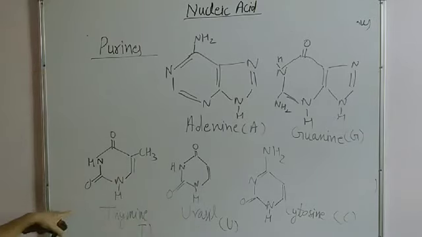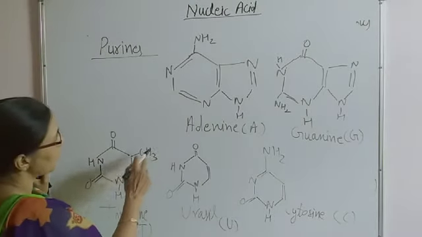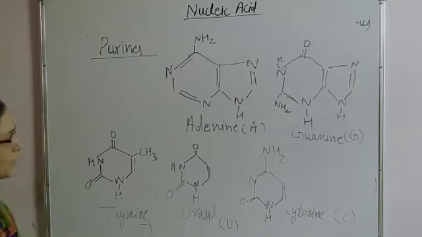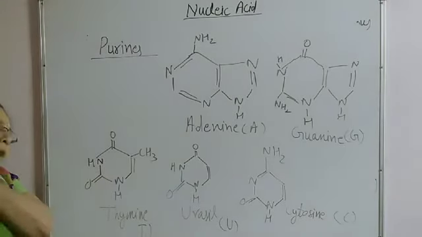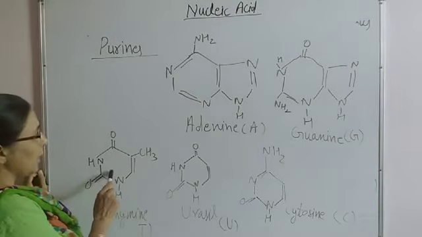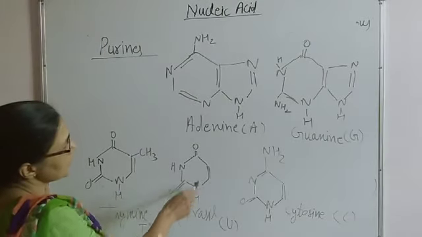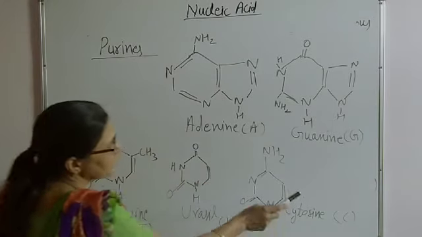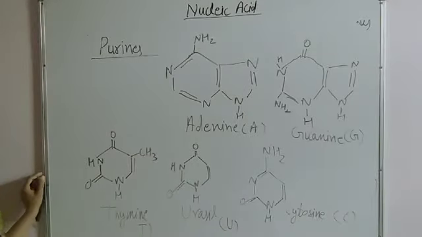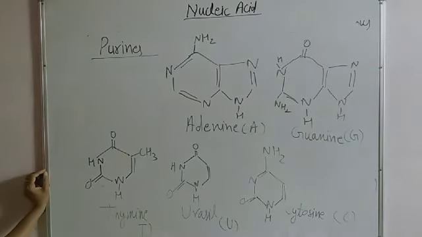Among the pyrimidine bases, number one is thymine. If this methyl group is not present, it becomes uracil. This thymine base is present in DNA, and instead of thymine, the uracil base is present in RNA. Otherwise, adenine, guanine, and cytosine are the bases present in both RNA and DNA.